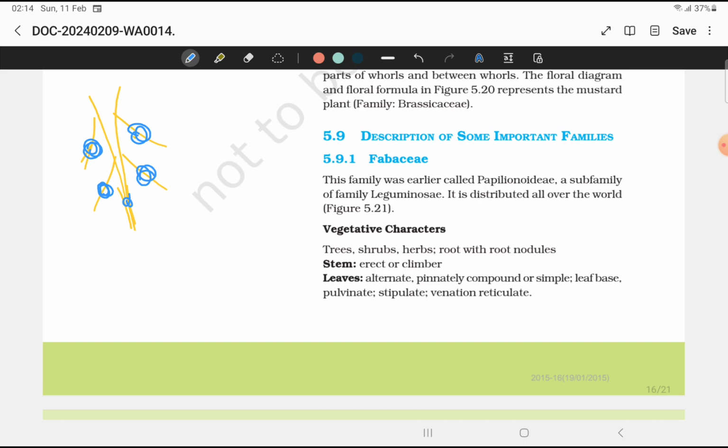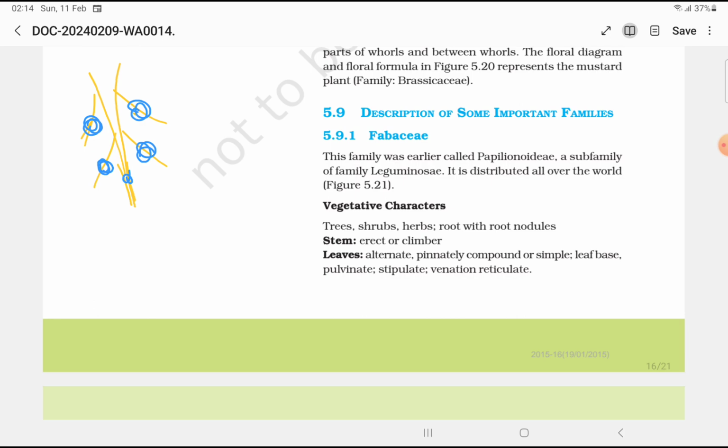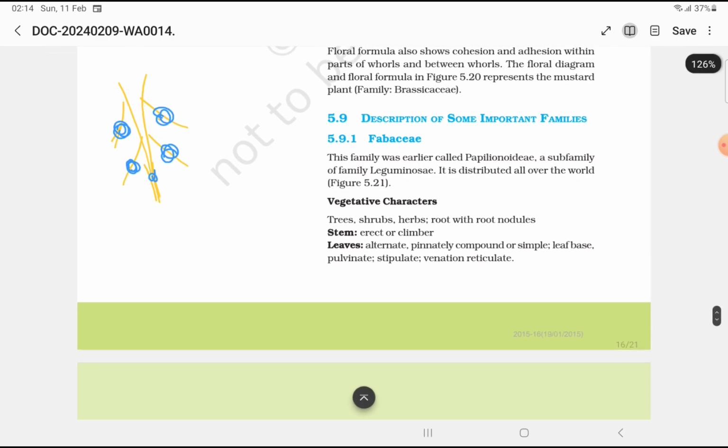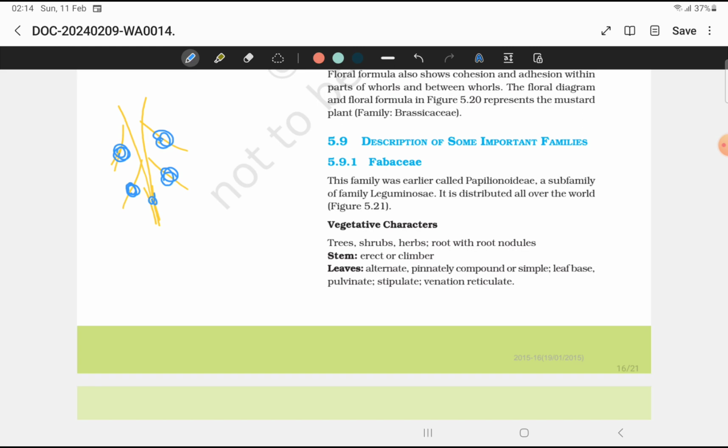You know that the dal varieties, all the dal we eat, the grams and all that, are a rich source of protein, because here they fix the atmospheric nitrogen. The nitrogen content is quite huge in the atmosphere, but we are unable to consume it as such as we take oxygen.